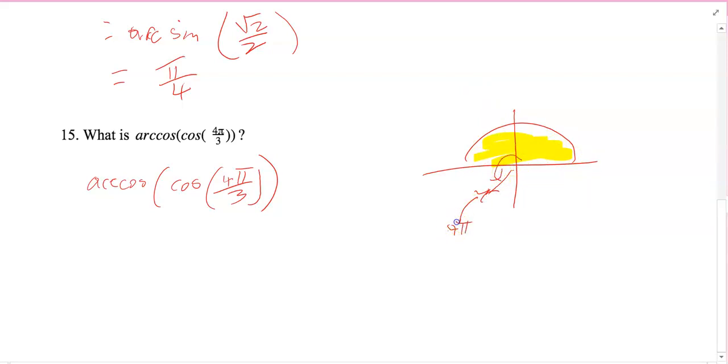Then we have to use the corresponding answer that's in the restricted area. So arccosine of -1/2 is what it's going to be, and so that would be 2 pi over 3. 2 pi over 3 will be your answer.